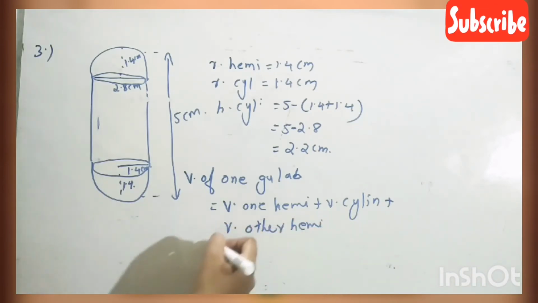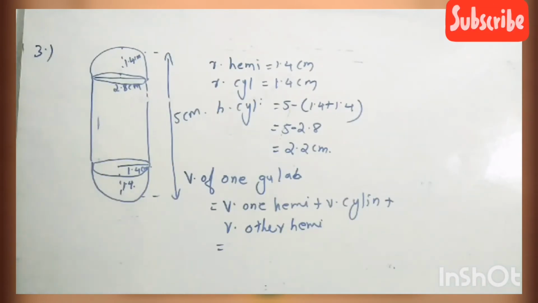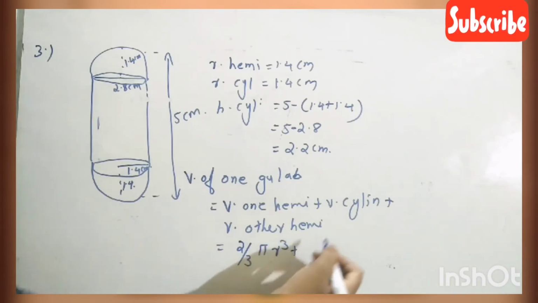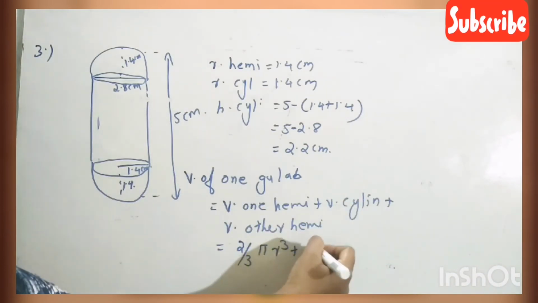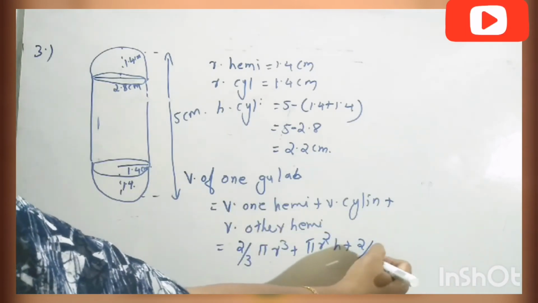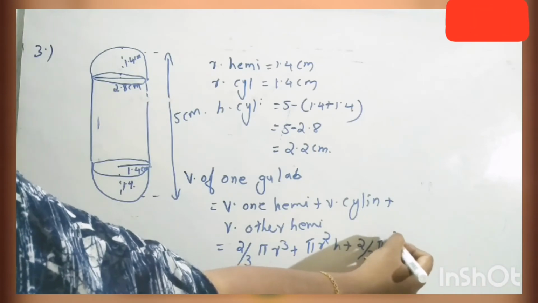The volume of a hemisphere is 2 by 3 pi r cube, plus the volume of the cylinder, that is pi r square h, plus the volume of the second one, which is 2 by 3 pi r cube.